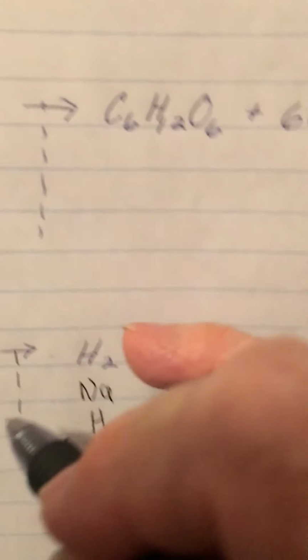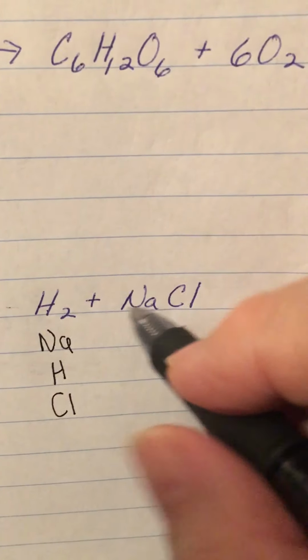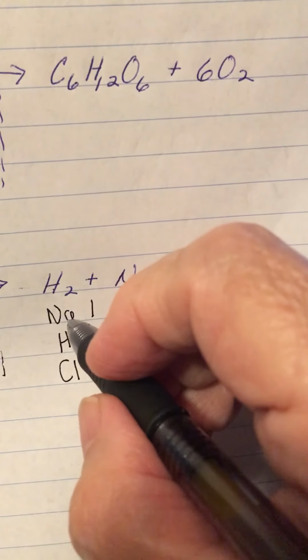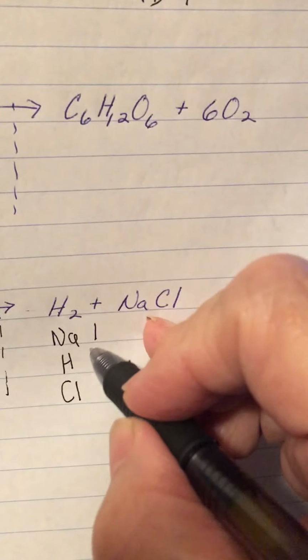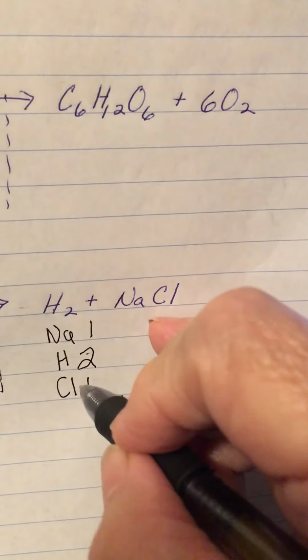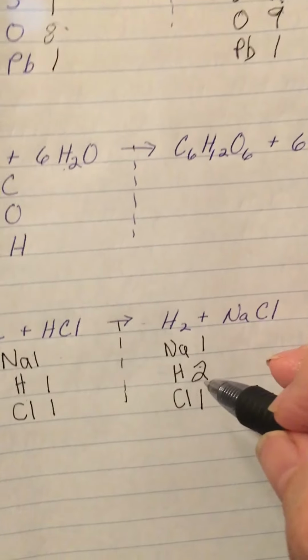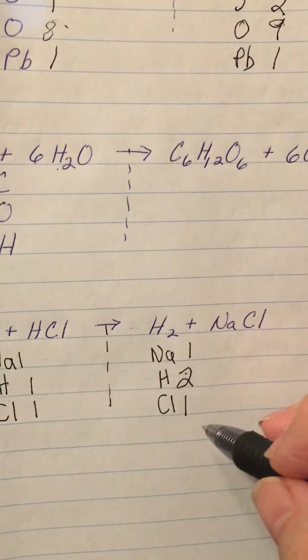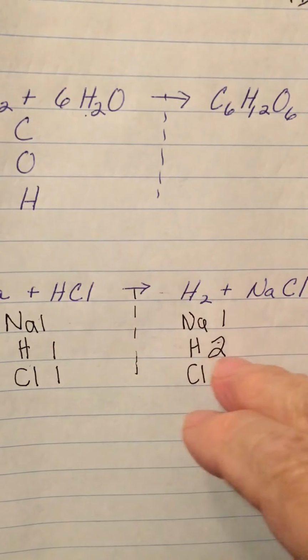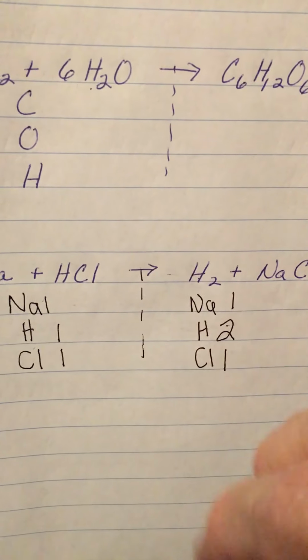Now I'm going to go over to the second side and count those. I see 1 sodium, 2 hydrogen, and 1 chlorine. Once again, they're not the same on each side because it hasn't been balanced yet.